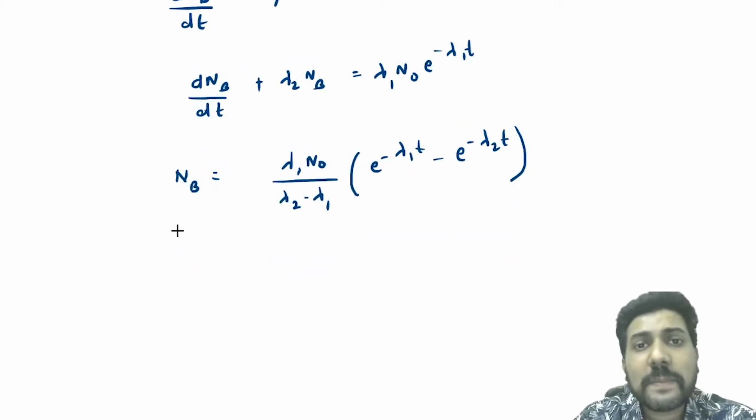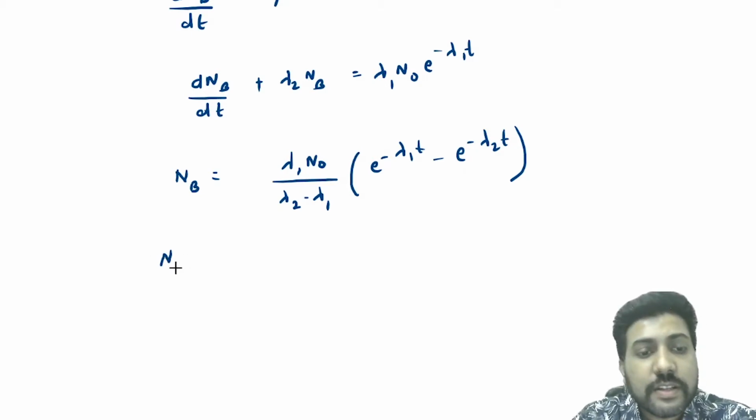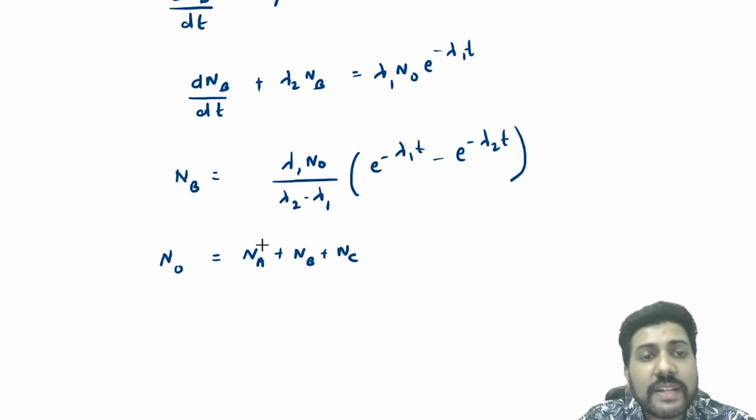Now, what will be Nc? We know that the total number of nucleus is constant. Initially the total number of nucleus was N0 and it is not forming from anywhere. The total number of nucleus is constant, N0, and this has to be equal to Na plus Nb plus Nc. We have already calculated Na and Nb.